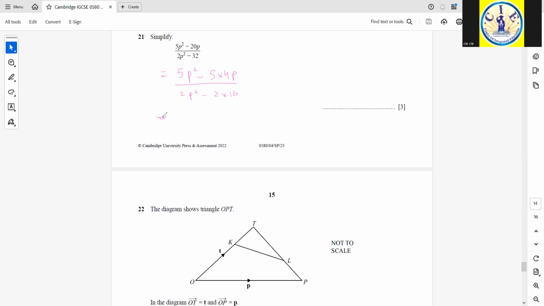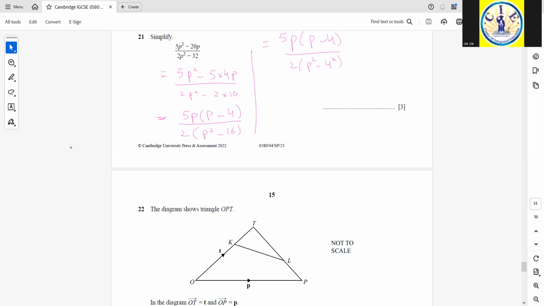Now we can take 5p common from the numerator and we are left with p minus 4, and then in the denominator we can take 2 common and then we are left with p squared minus 16. Now here 5p times p minus 4 divided by 2 times p squared minus 4 squared.